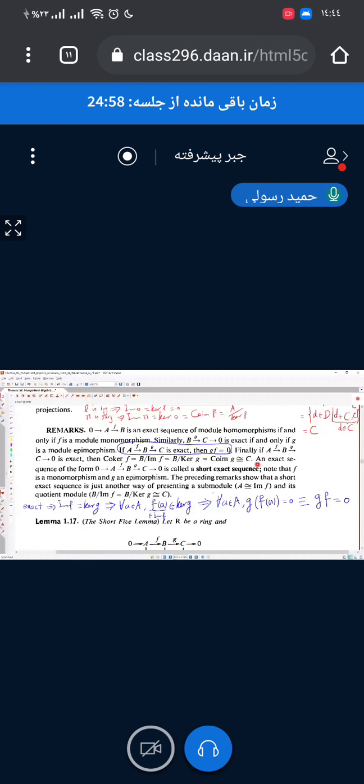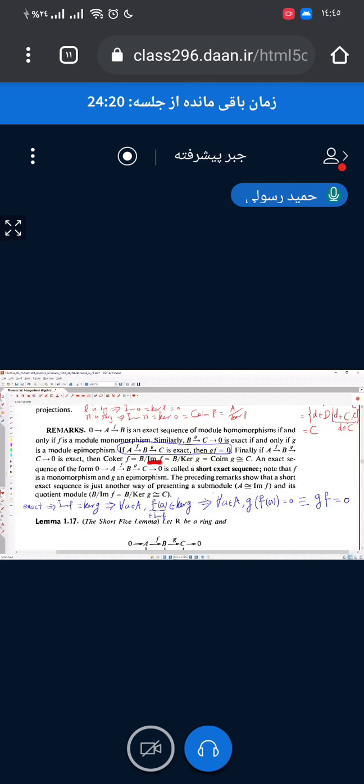If we have this exact sequence A, B, C, 0, the co-kernel of F by definition is B over the image of F. This is only by definition. But since the image of F equals the kernel of G by exactness, I put the kernel of G instead of the image of F. This is B over the kernel of G.